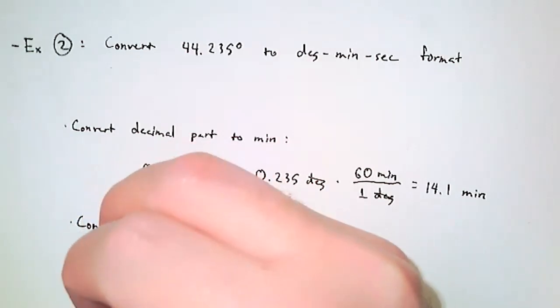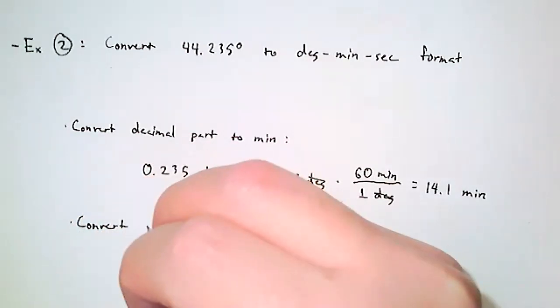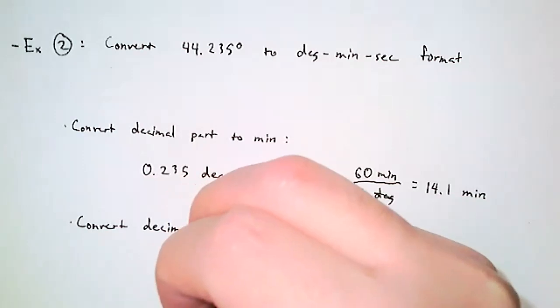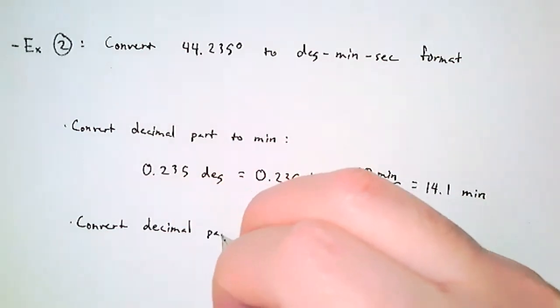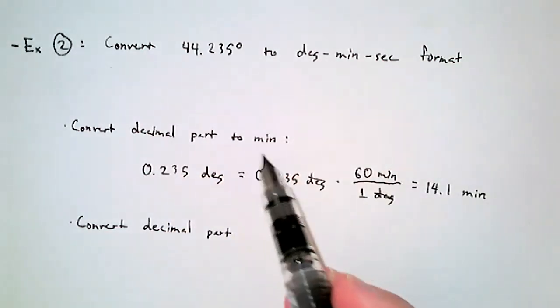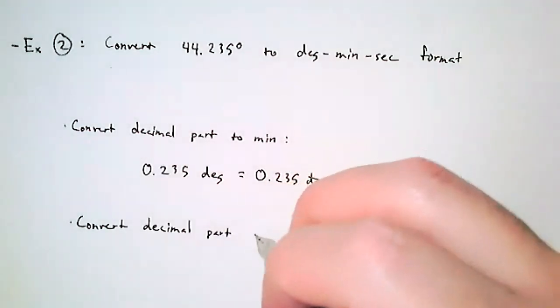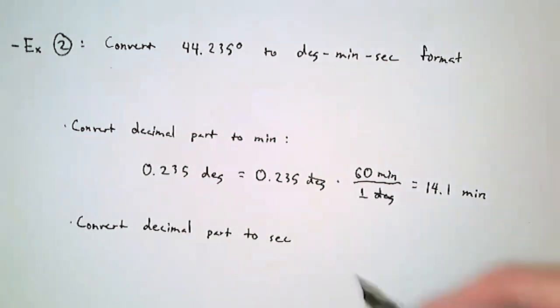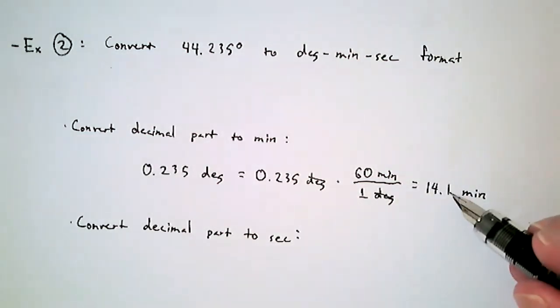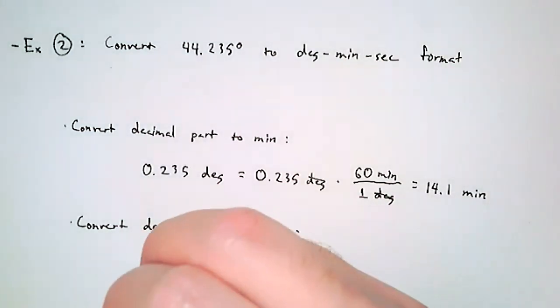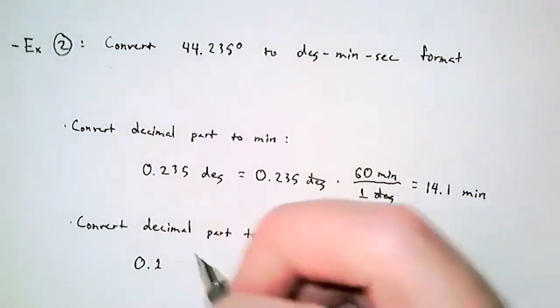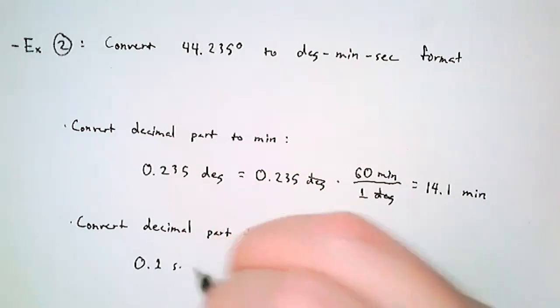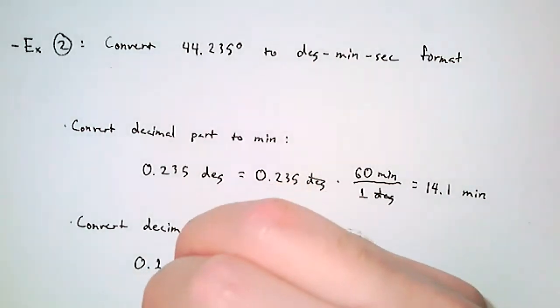We convert the decimal part, but now we're not converting to minutes, we're converting to seconds. Okay, so now we have 0.1 minutes.